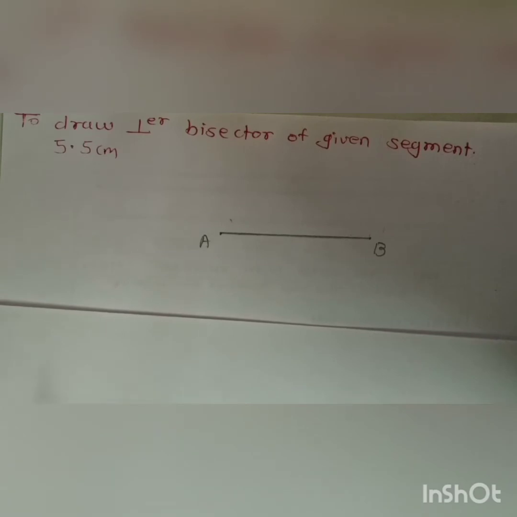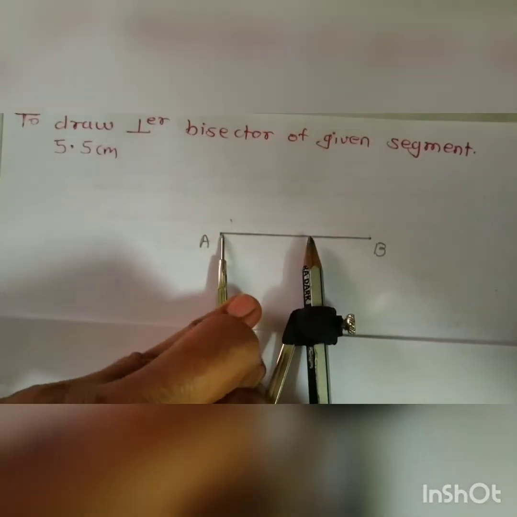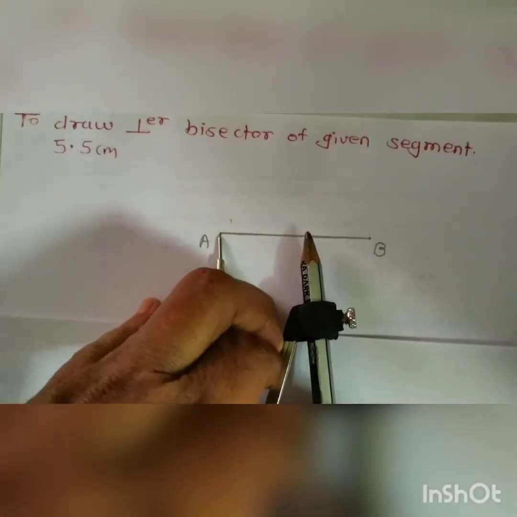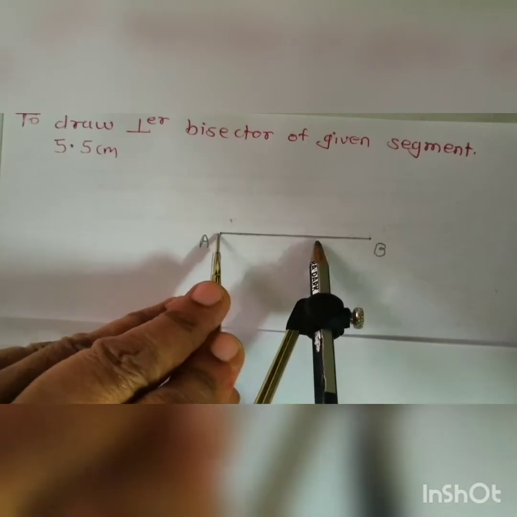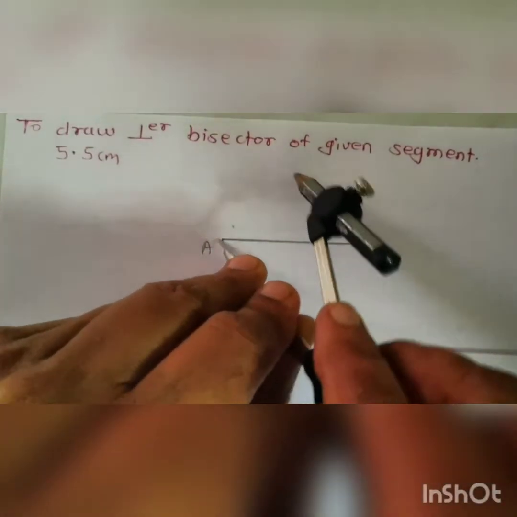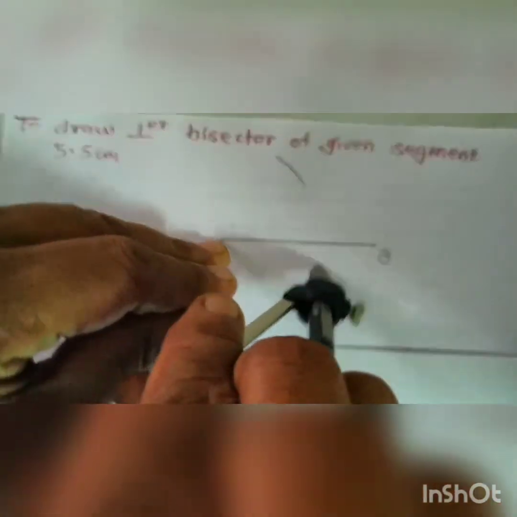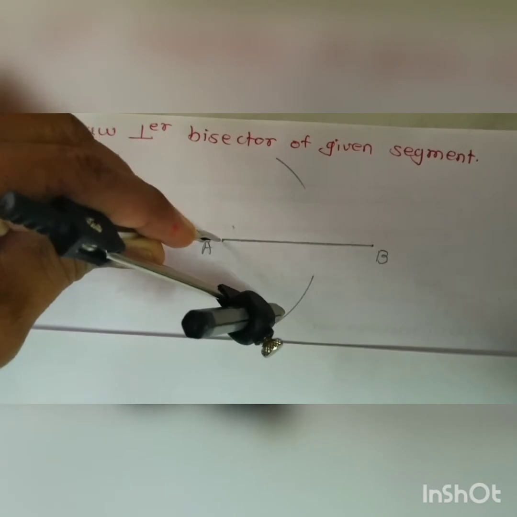Take your compass, measure more than half the distance of that given segment. Taking A as center, draw arcs to both sides of that segment with the same distance.